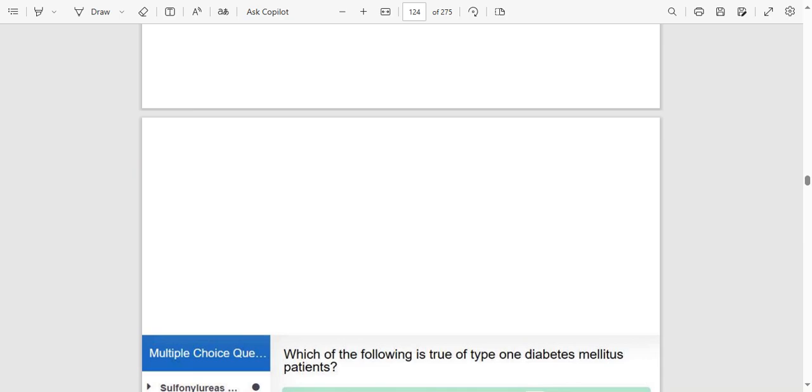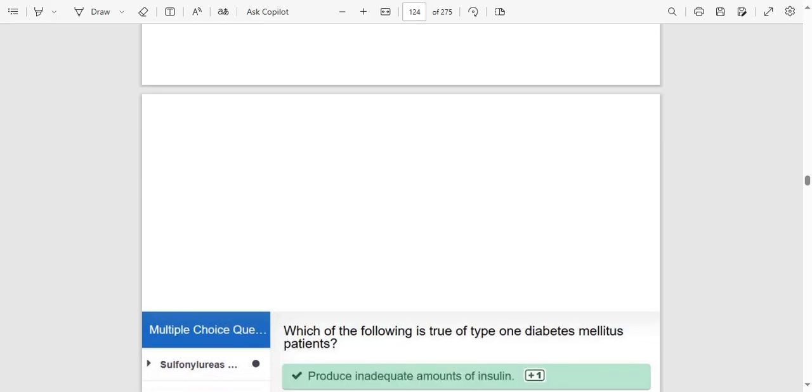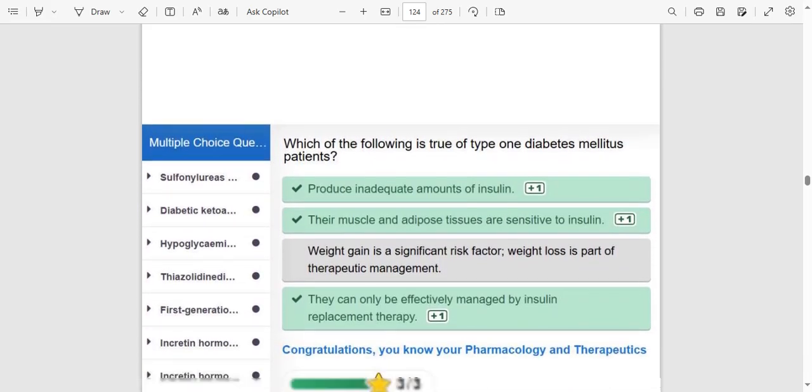Just to be fancy as pathologists, someone can mention a bit of histopathology, which is going to differentiate it from type 2. Thank you so much. Complication, DKA. Right.